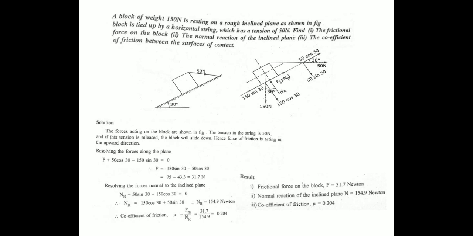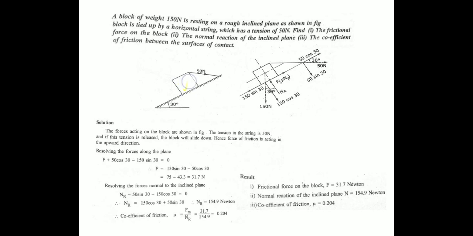A numerical problem. A block of weight 150 Newton is resting on a rough inclined plane as shown in the figure. The block is tied up by a horizontal string which has a tension of 50 Newton. Find number 1, the frictional force on the block, number 2, the normal reaction of the inclined plane, number 3, the coefficient of friction between the surfaces of contact.